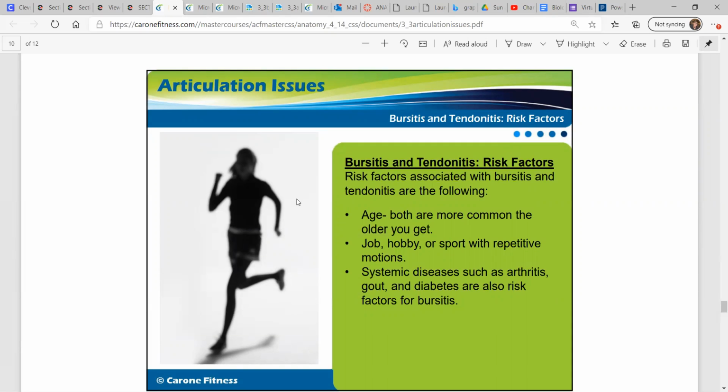What are some of the risk factors? Well, age. As you get older, more inflammation is common. Your job, hobby, or sport, especially if they have repetitive motions, can be risky. Systemic diseases like arthritis, gout, diabetes are also risk factors for bursitis.